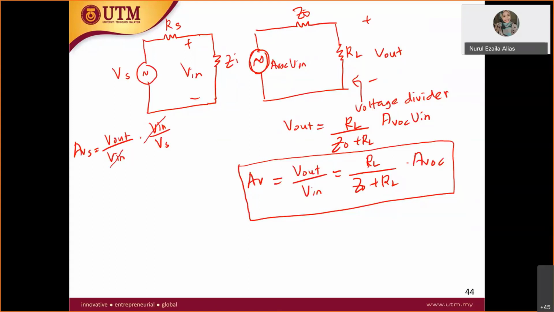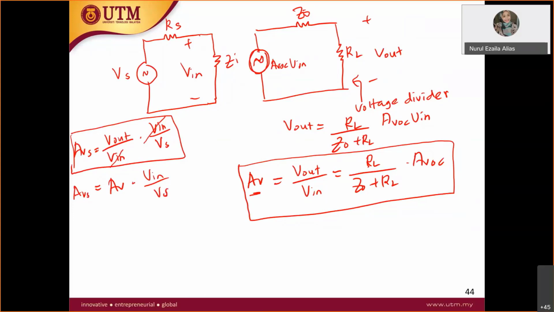So this is actually AVS: you cancel out V in, you get V out over VS. So finally it is V out over VS. From here, you know that V out over V in is your AV, times V in over VS.